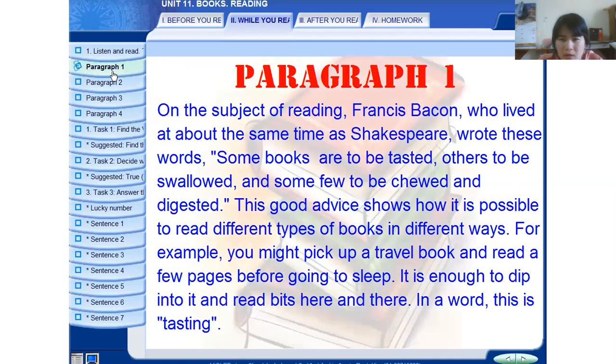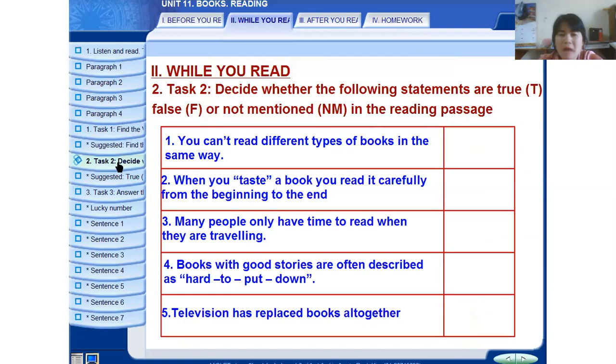Right here, the passage says it is impossible to read different types of books in the same way. But in this question, you can. So the answer is false, not mentioned.